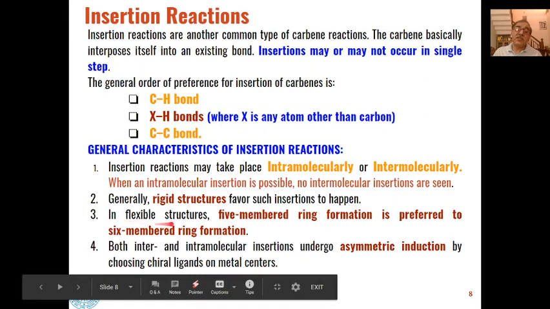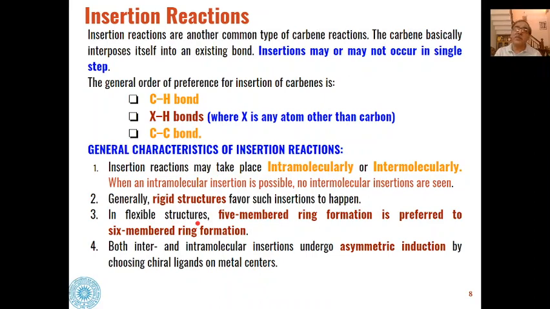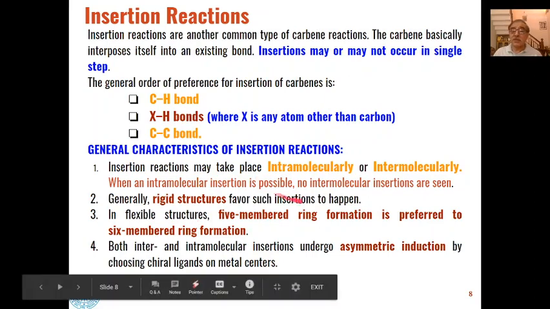Then in case of flexible structures, if there is a possibility of formation of either a 5-membered ring or a 6-membered ring, then the formation of the 5-membered ring will be preferred over the 6-membered ring formation because of thermodynamics.